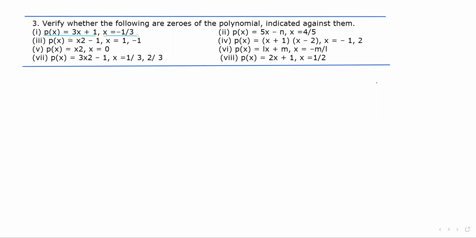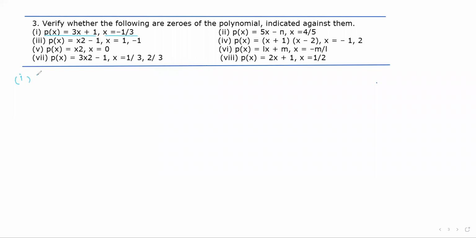A 0 indicates that it is a zero. If it is a non-zero value, then x equals minus 1 by 3 is not a zero of the given polynomial P of x. Let's check for the given values.